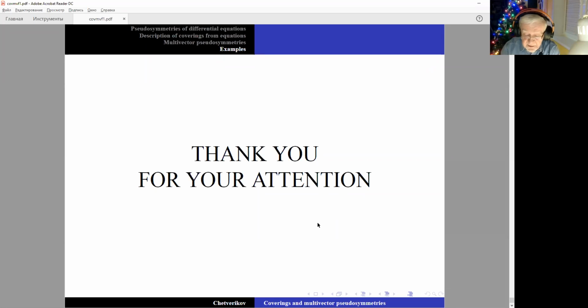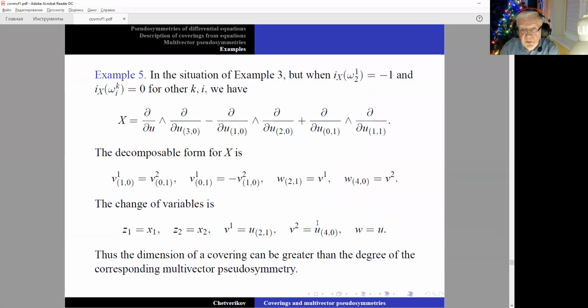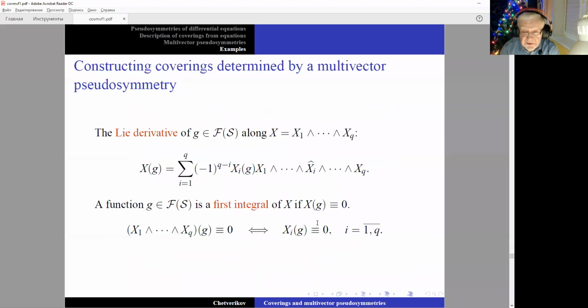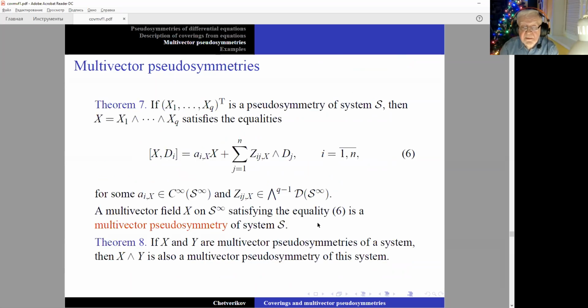I use only the Schouten bracket of multivectors because we consider distributions and we use the Frobenius theorem.